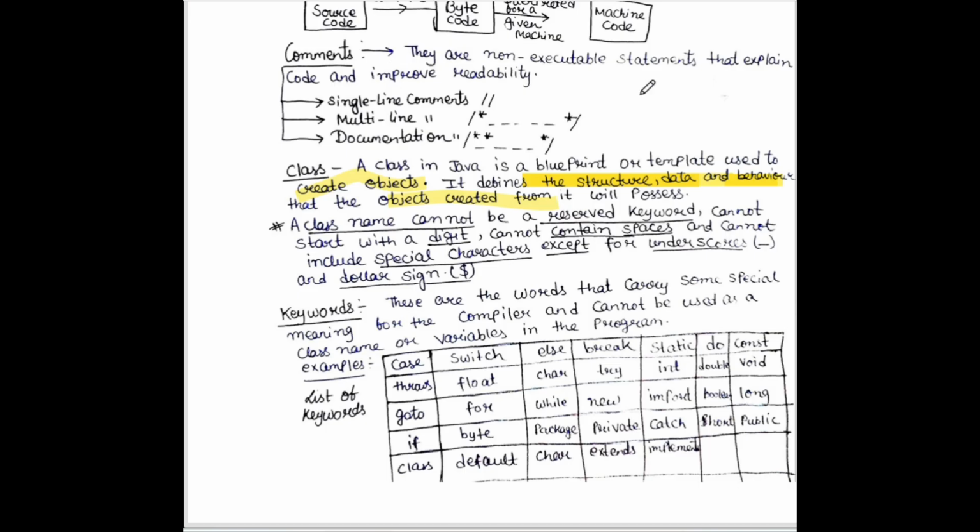See, suppose we say a class of books. Books means books बहुत तरह के होते हैं.